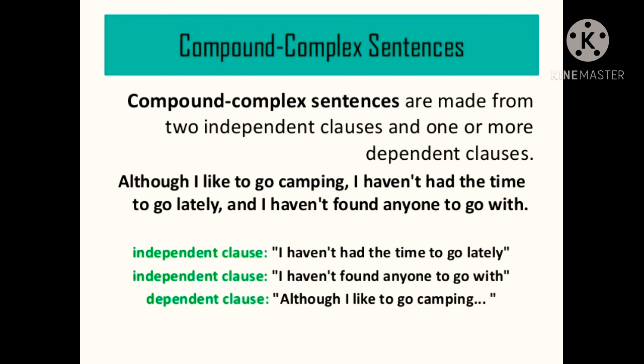Here you can see that there are two independent clauses with one dependent clause, which makes this sentence a compound complex sentence. I haven't had the time to go lately and I haven't found anyone to go with are two independent clauses with a dependent clause, although I like to go camping. So this is the formation of compound complex sentences.